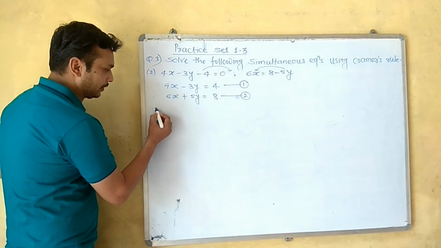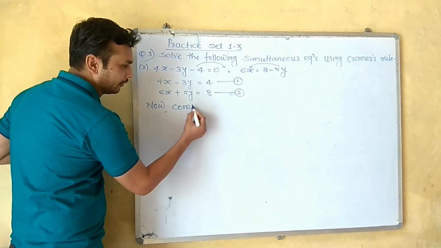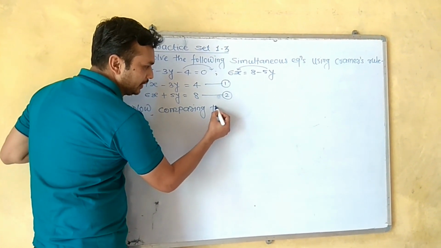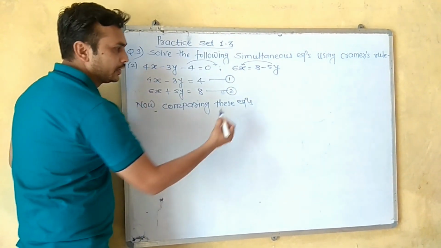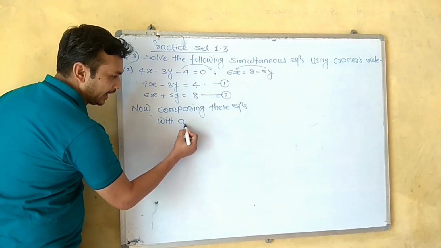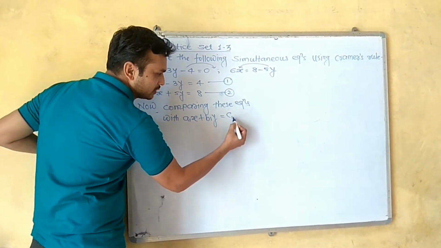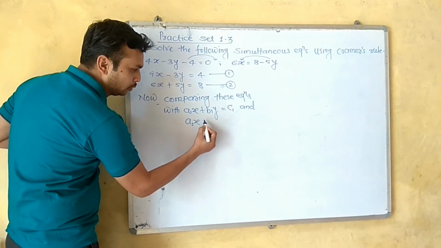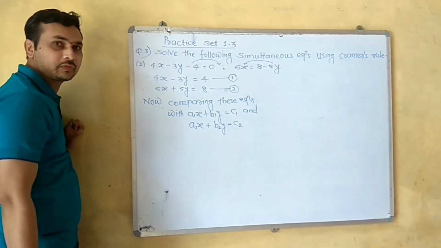Now comparing these equations with a1x plus b1y equals c1 and a2x plus b2y equals c2.